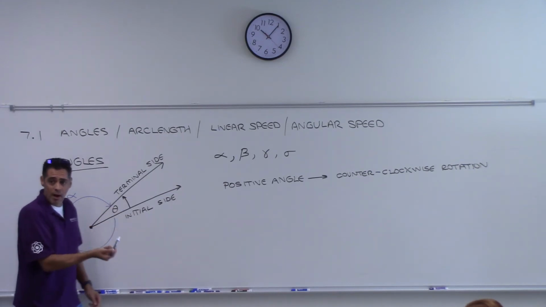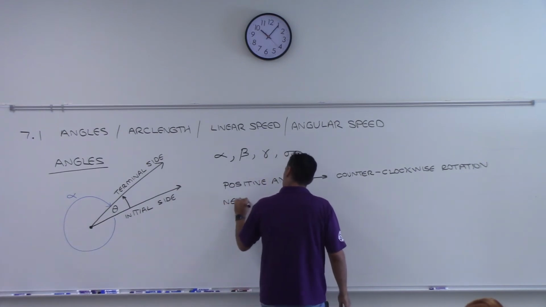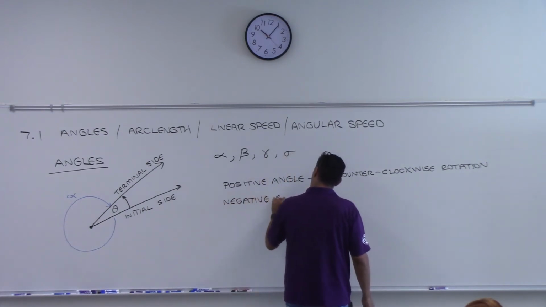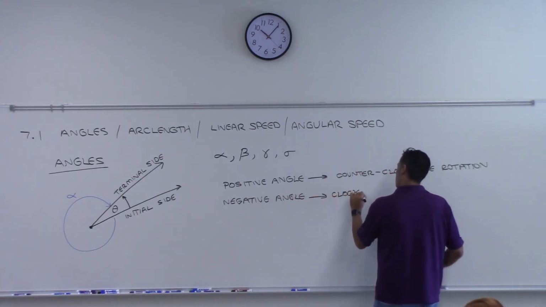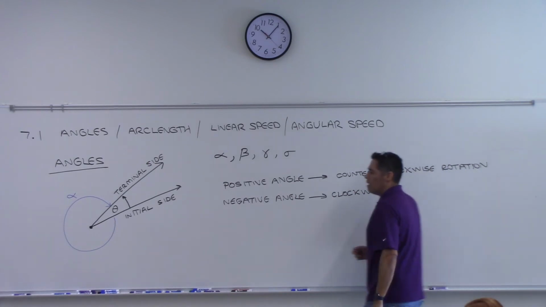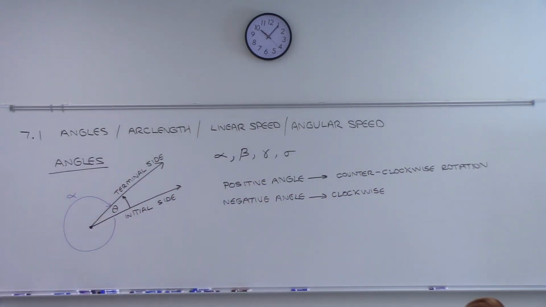Anytime you go clockwise, it is going to be considered to be a negative angle. I think when I get to the next part, you'll understand why we chose counterclockwise to be positive and clockwise to be negative. We could have done it the other way. We could have all said, hey, let's call clockwise positive, but we did it this way. In a second, hopefully you'll see why that kind of makes sense. Questions?